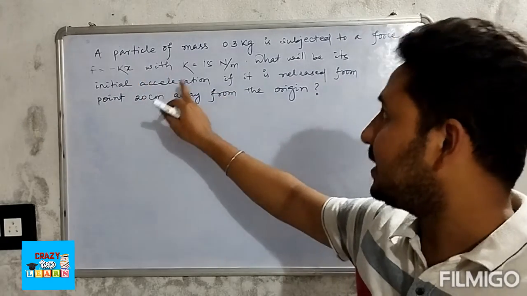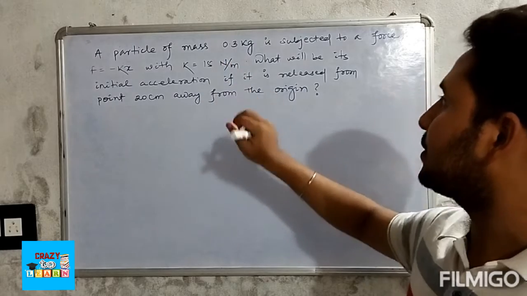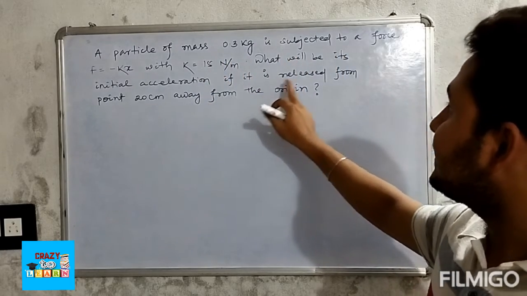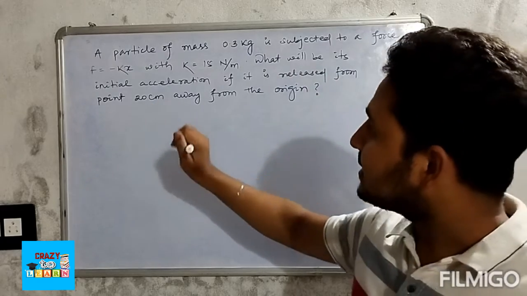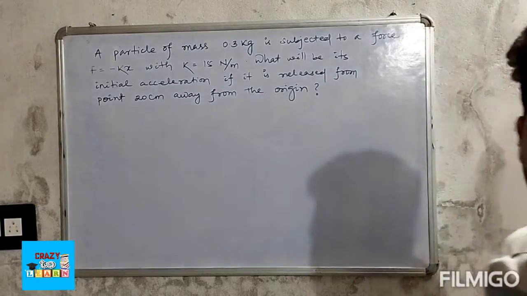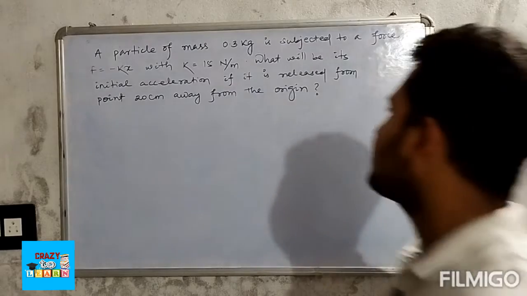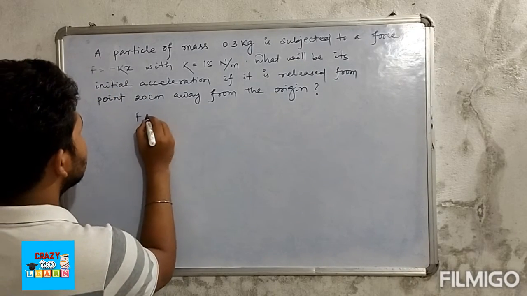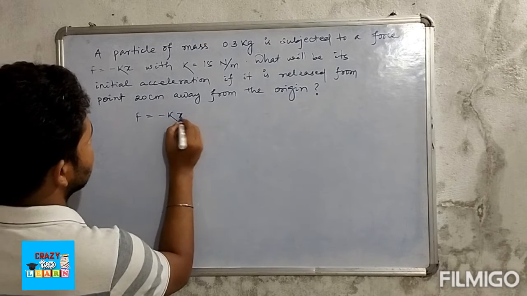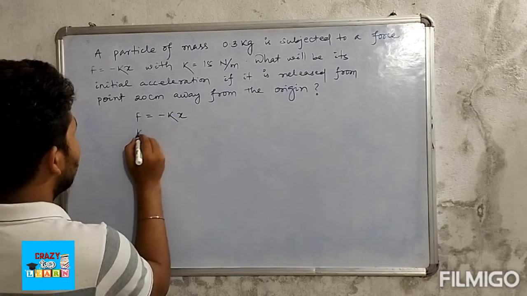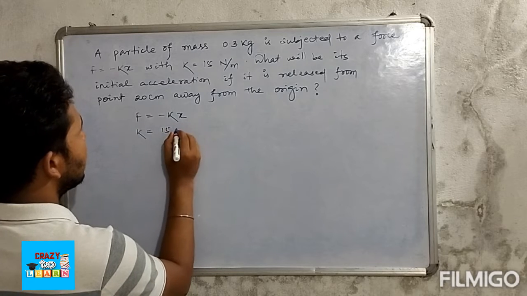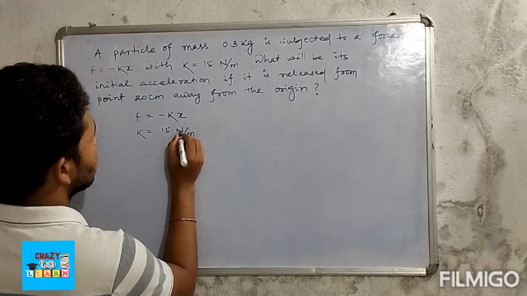Next question: a particle of mass 0.3 kg is subjected to a force F equal to minus kx, with k equal to 15 Newton per meter. What will be its initial acceleration if it is released from a point 20 cm away from the origin? First note down what is given. F is equal to minus kx and k is equal to 15 Newton per meter.